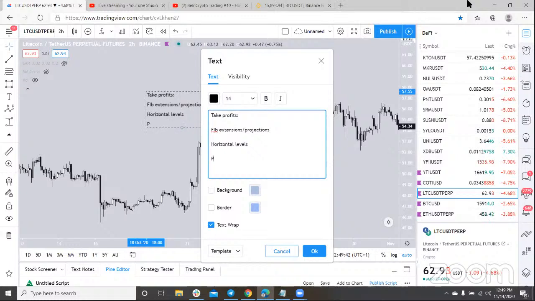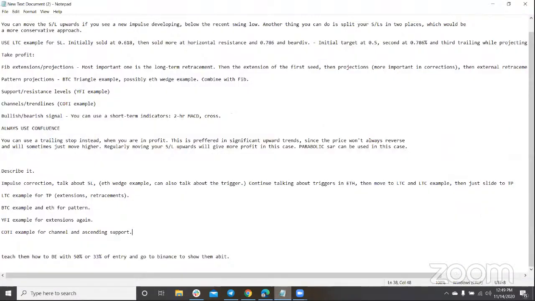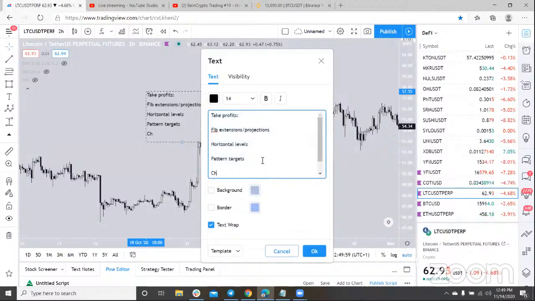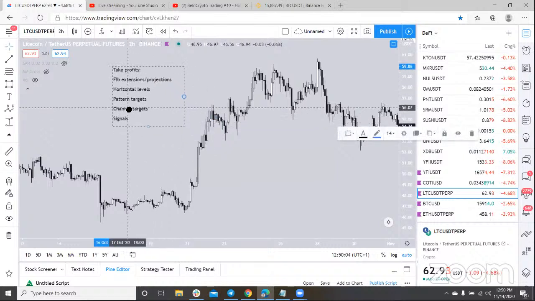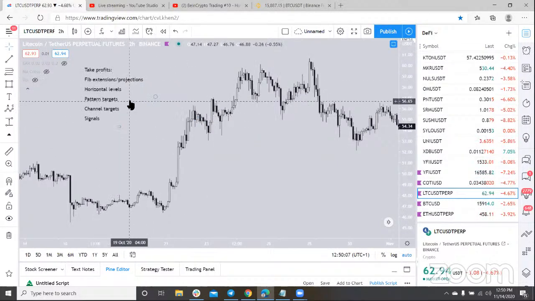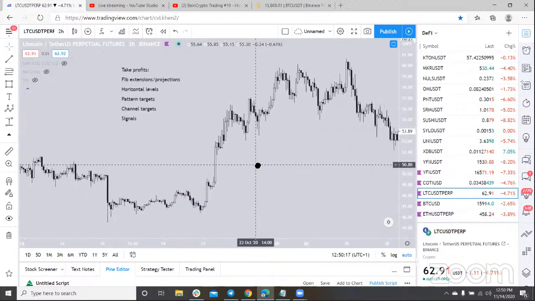You can use, what else do I have? Okay, now, yeah, so there are 5 main ways which I'm going to discuss today. There are fib extensions and projections, horizontal levels, pattern targets, channel targets, and signals.